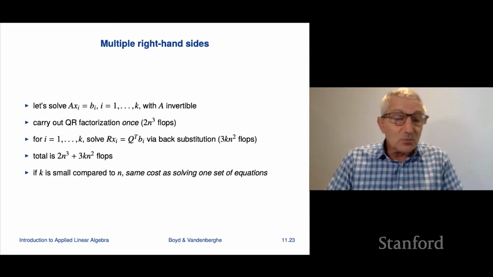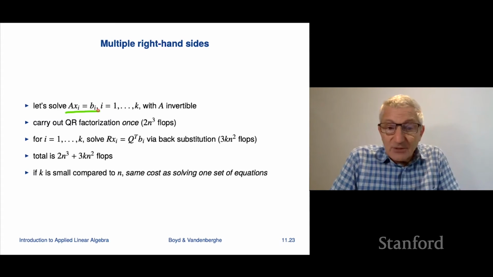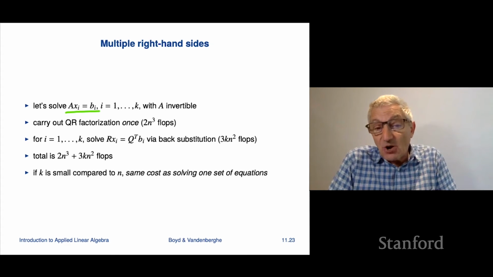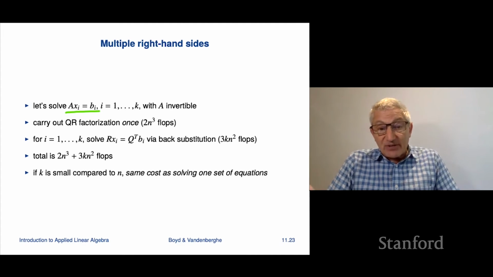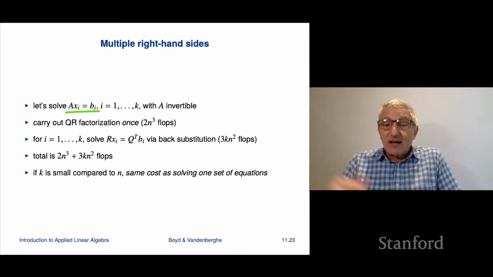So it's a situation where we're going to solve A x_i equals b_i, i equals 1 to k. So I'm going to solve k systems of linear equations with A invertible. The right-hand sides are different: I have b1, b2, b3, up to bk. And of course, the solutions are different: x1, x2, x3. But the coefficient matrix A is the same for all of them.